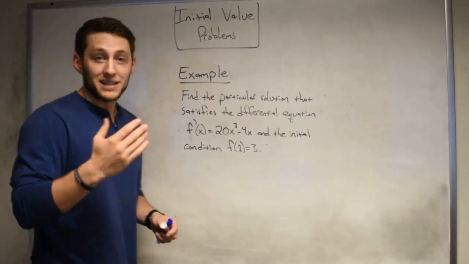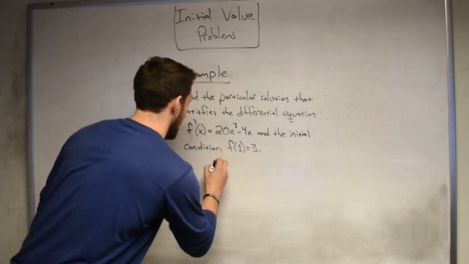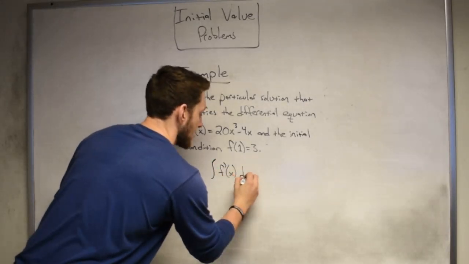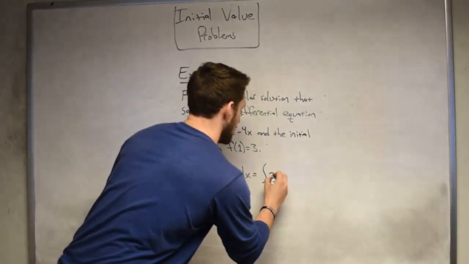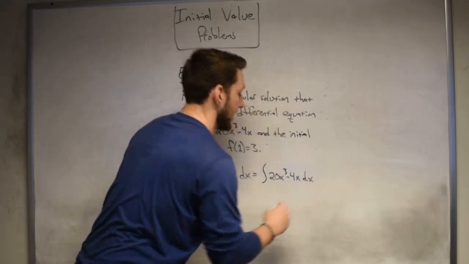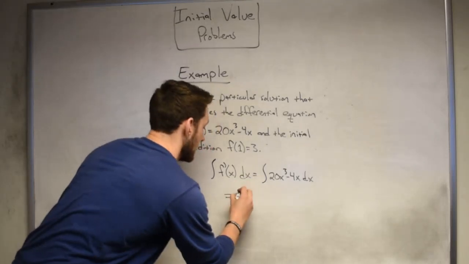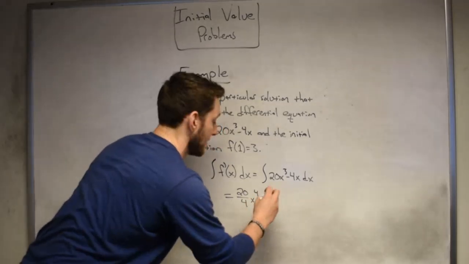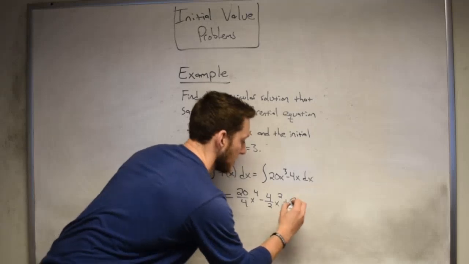Well, in order to get an idea of what f of x might be, let's first off integrate. So, when we actually take this integral, which is the integral of 20x cubed minus 4x with respect to x, what we should get by the power rule is 20 over 4 x to the fourth minus 4 over 2 x squared plus c.